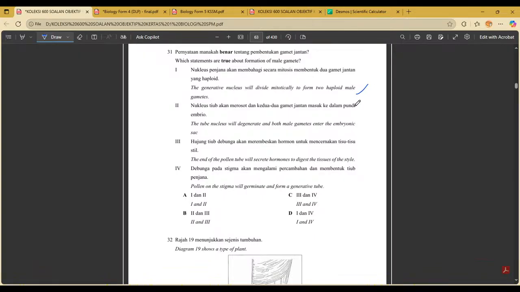Yeah, generative nucleus divides mitotically to form 2 haploid male gametes. Tube nucleus will degenerate. Both male gametes go into the embryonic sac.